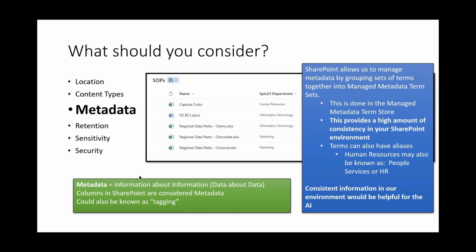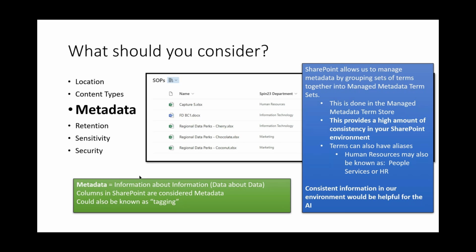So we think metadata is another one of these really important pieces of the puzzle for you to grow into in your SharePoint journey. And metadata itself is very helpful, but what I want to talk about is managed metadata. So that column that you see there is the Spin 23 department, right?